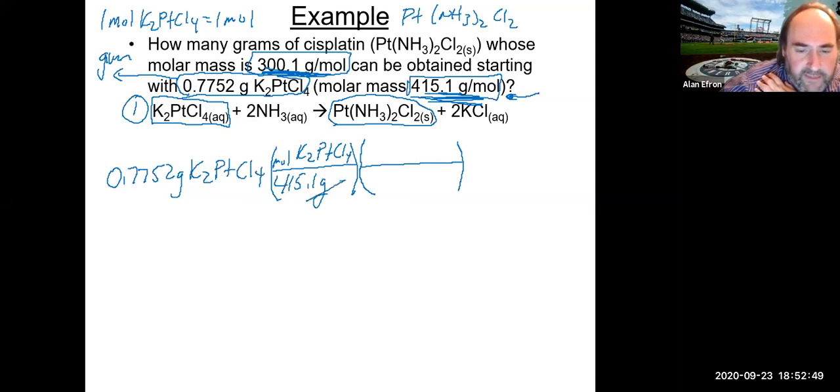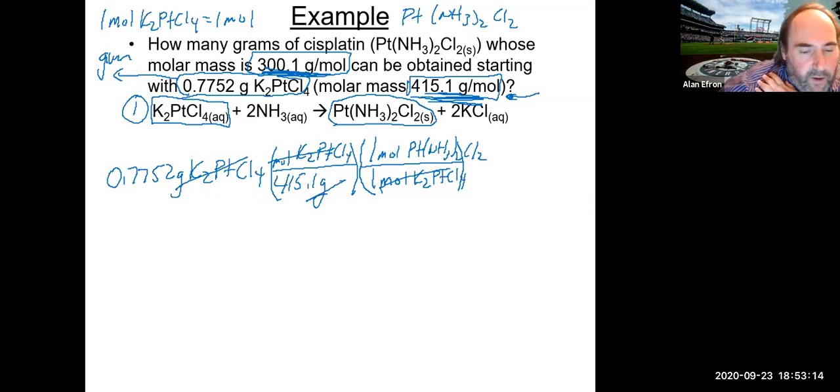Again, the grams will cancel here. I have the moles of the K2PtCl4, so I need those on the bottom, and up on top is what I'm looking for. That cancels those two.